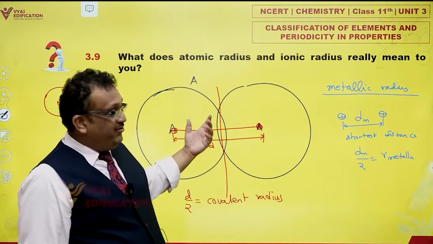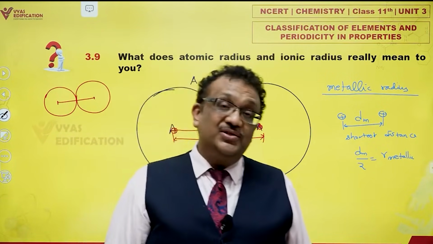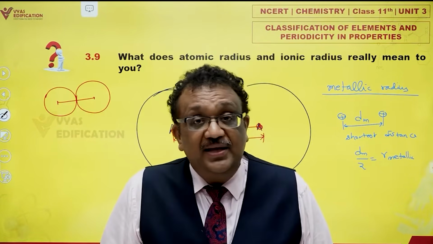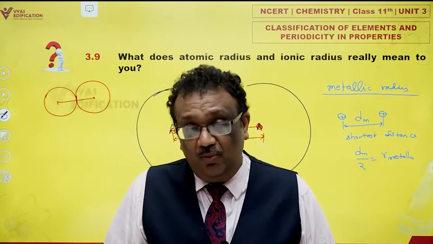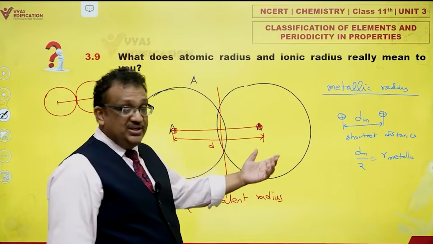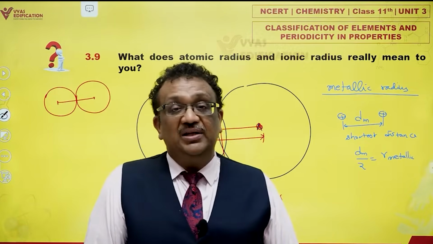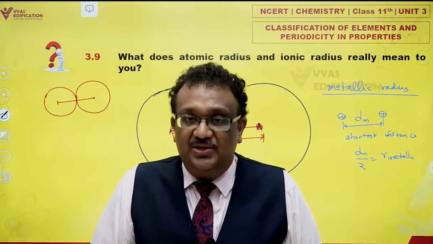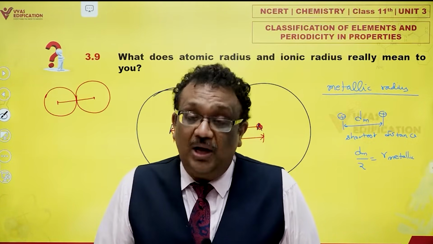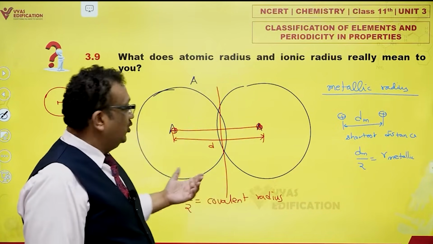So you have covalent radius and you have metallic radius. Are they the same? No. Metals like sodium have also been found to make covalent bonds. So if you measure covalent radius in sodium and metallic radius in sodium, you would discover that they are different. But nonetheless, since there is no other way out, we are left with these two methods, metallic radius and covalent radius.